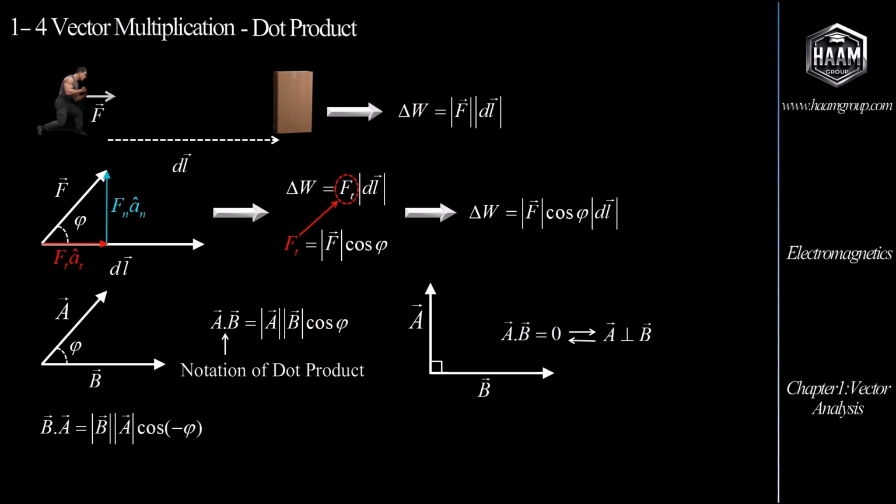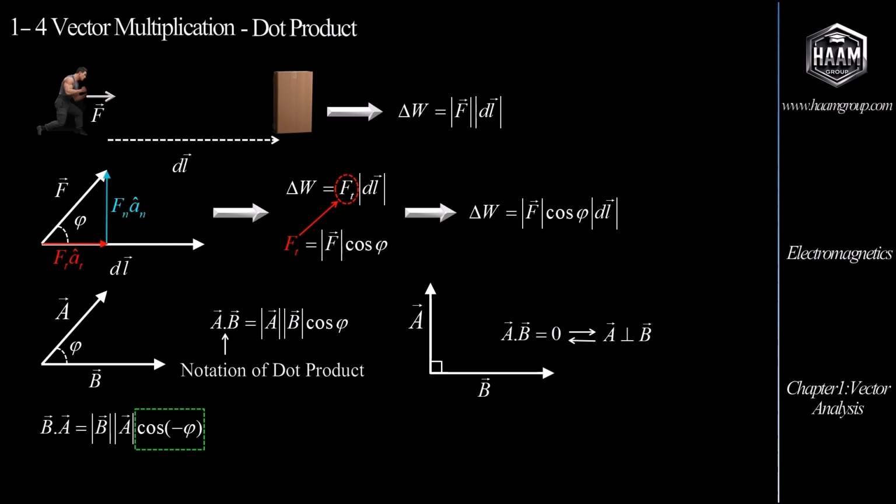Now, if we reverse the order of multiplication, that is, instead of A dot B, we look at B dot A. In this case, we must project vector B onto A and multiply by the magnitude of A. So we must go through the trigonometric angle minus phi.